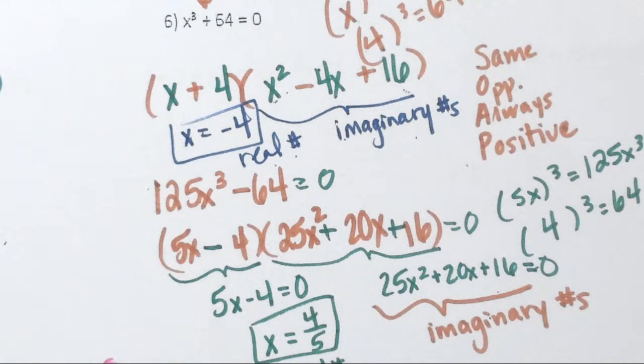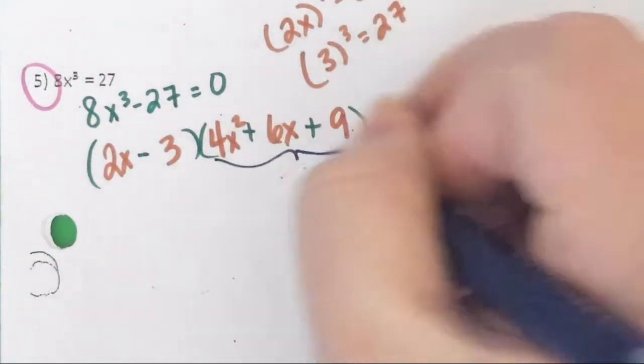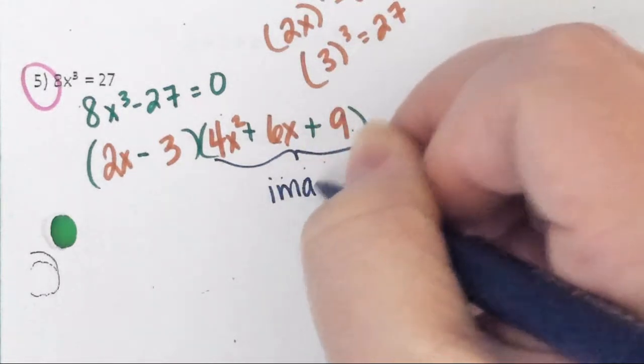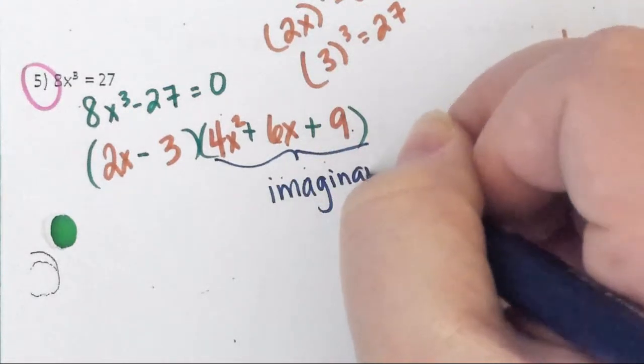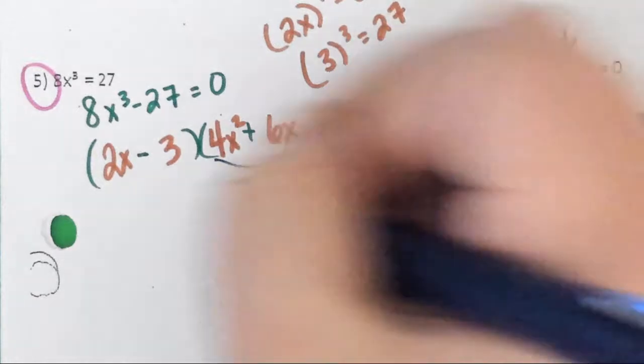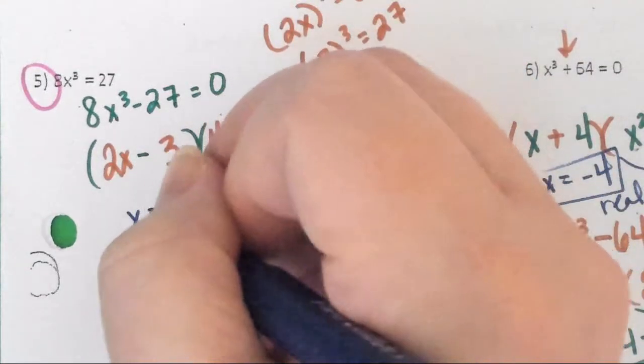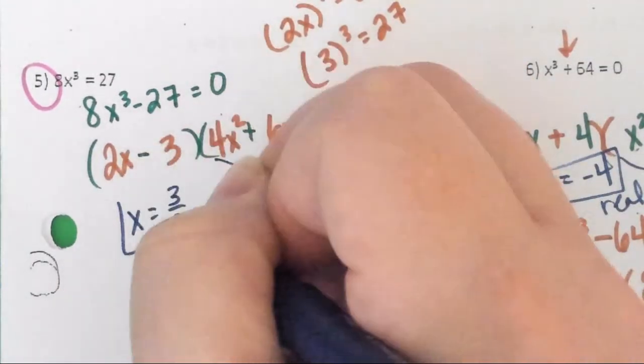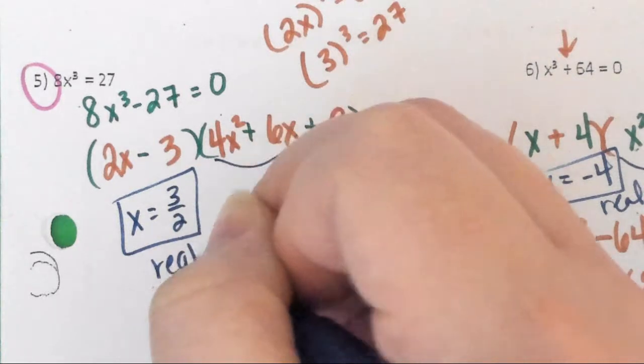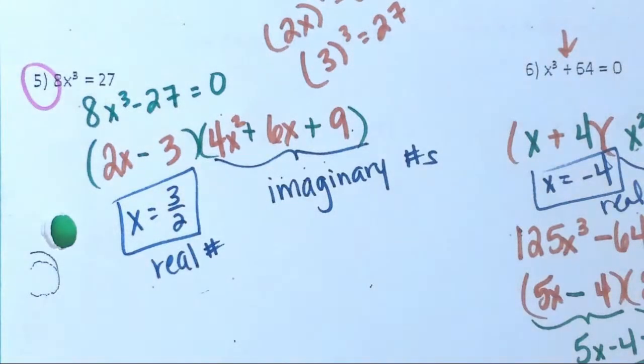But for this, it would take too much time and too much thought, so we're just going to let it go. As long as Paige puts imaginary numbers with the trinomial, and she solves the binomial to get the real 0, I'm going to give her all her points.